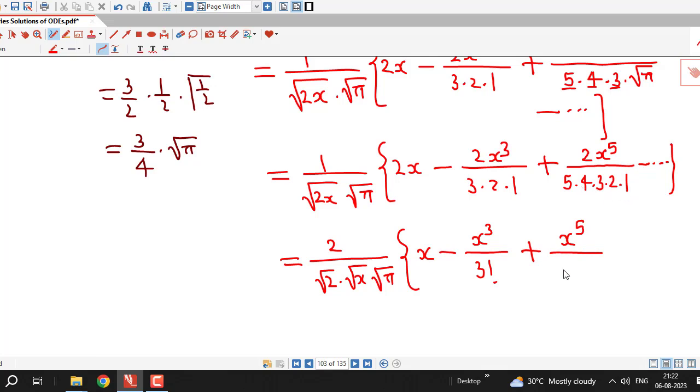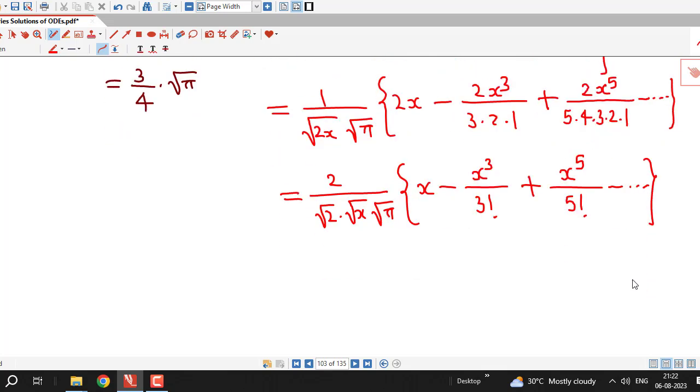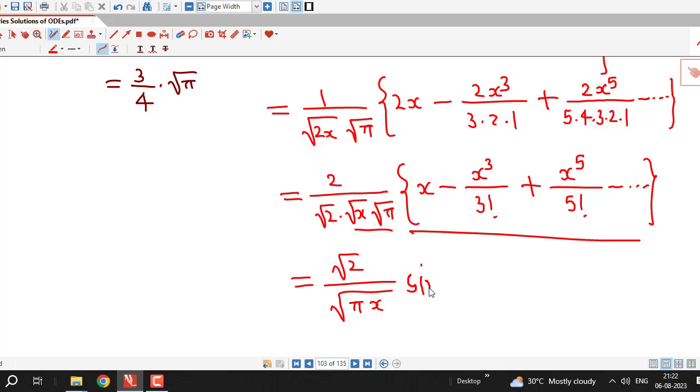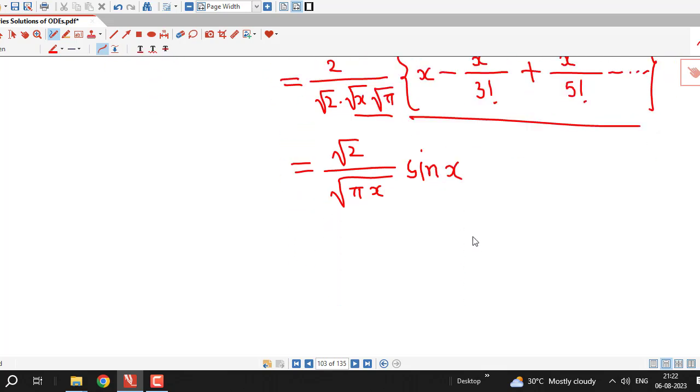This 1, 2, 3, 4, 5 is nothing but 5 factorial, and this will continue the pattern in a similar way. And 2 over root 2 is square root of 2, divided by, I can combine these two as square root of pi into x, and this is nothing but Maclaurin series of trigonometric function sin x, and this is again rewritten as square root of 2 over pi x into sin x.